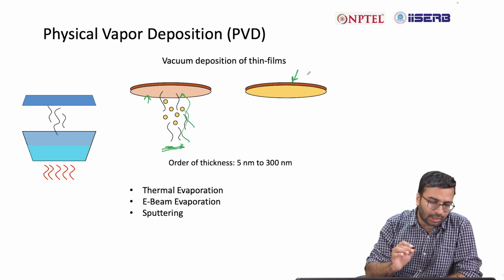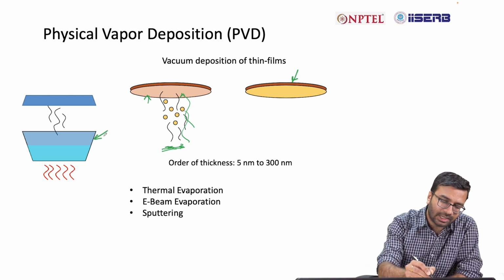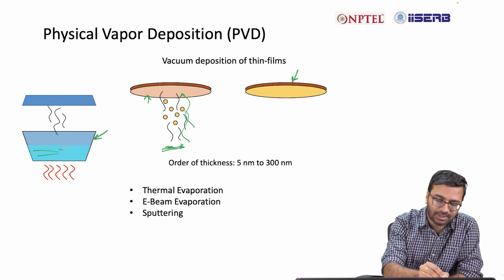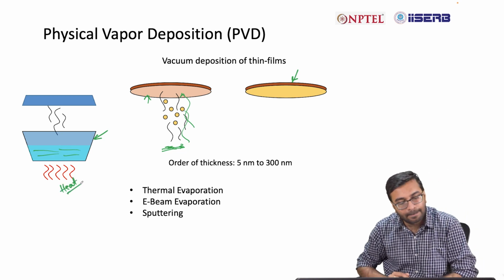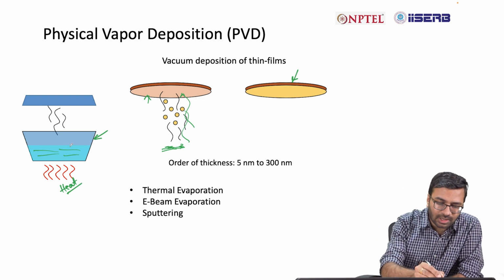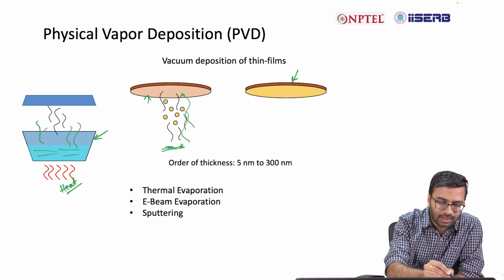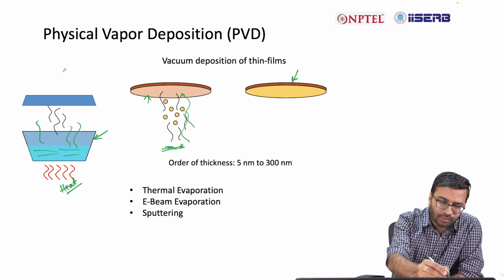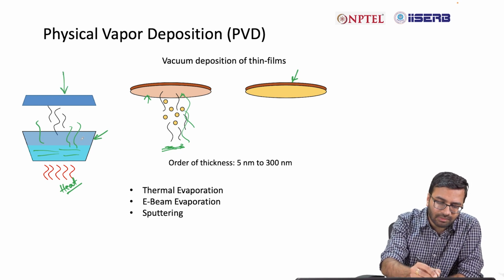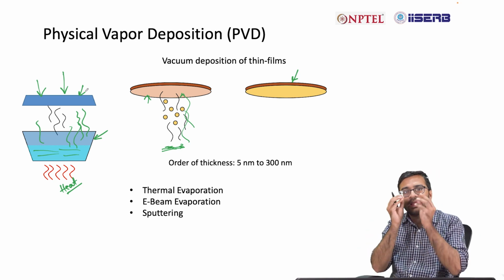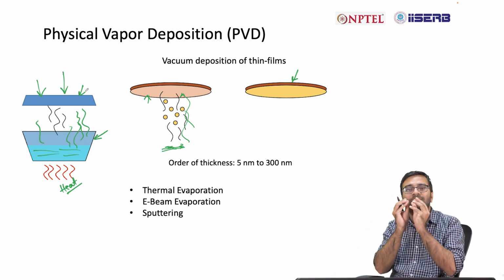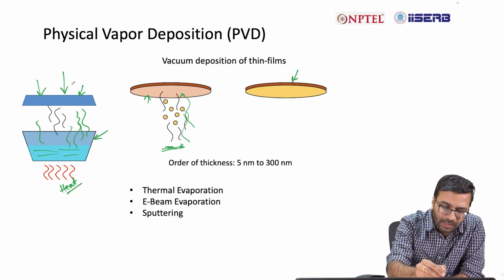Now, to give you an analogy, say you have a container with some water kept inside, and you apply heat, then the water will start evaporating. Now, when this water evaporates, and if you keep another container on top, the evaporated water molecules will condense in the container kept on top, and they will get deposited on it.